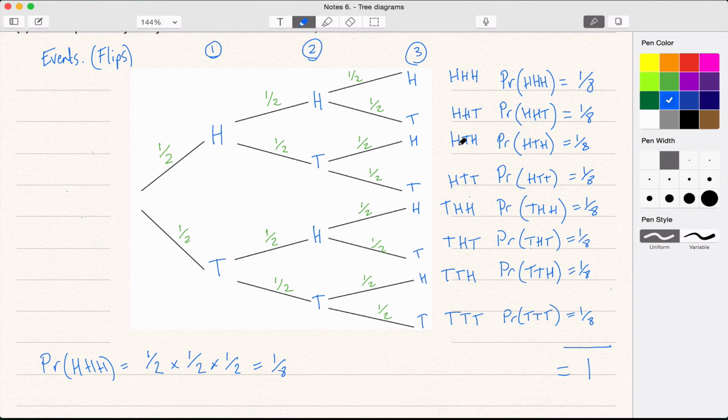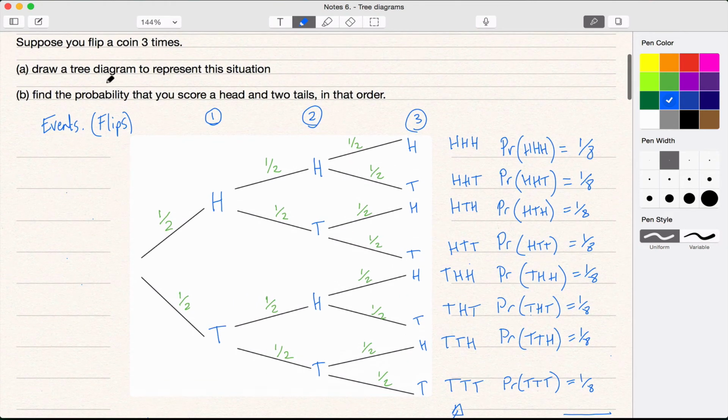This list here is all the possible outcomes. So if you're asked for the sample space, you can read it straight off a tree diagram. Now, question A was draw a tree diagram. Done.